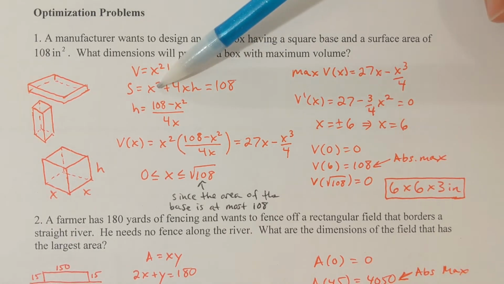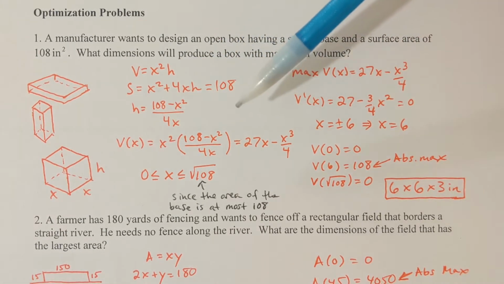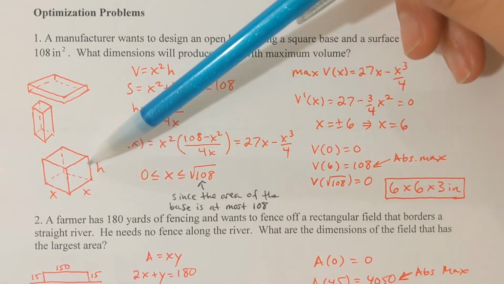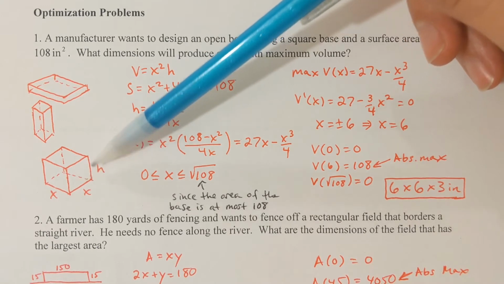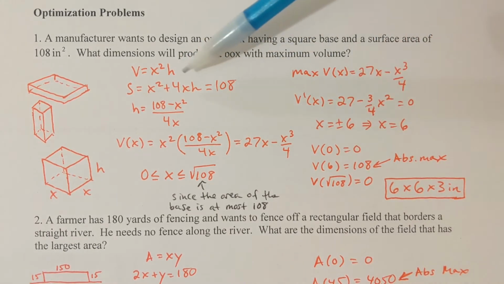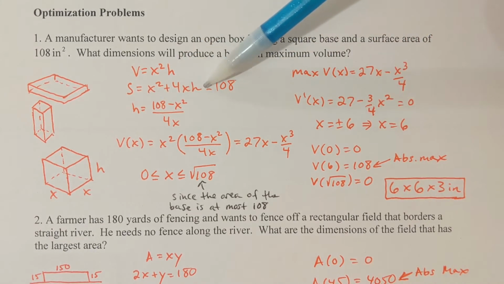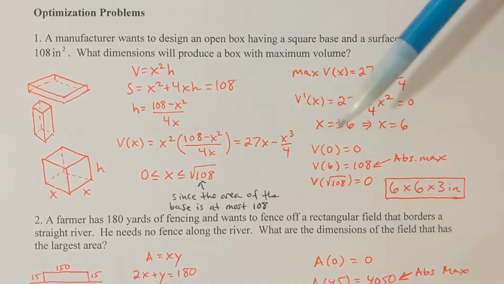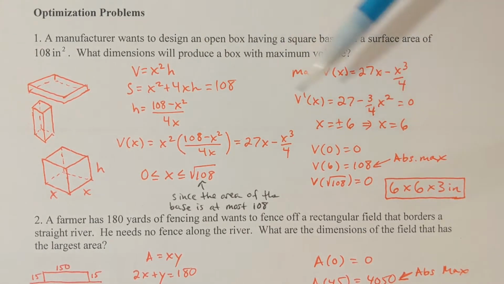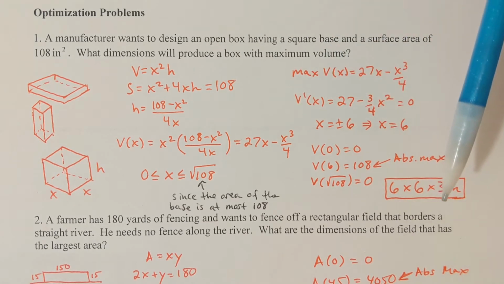Okay, so X squared would be the area of the square base. X times H would be the area of one of the faces on this box. I've got four faces there, so it's going to be 4XH. And like I said, when you add those together, you'll get 108 square inches then.